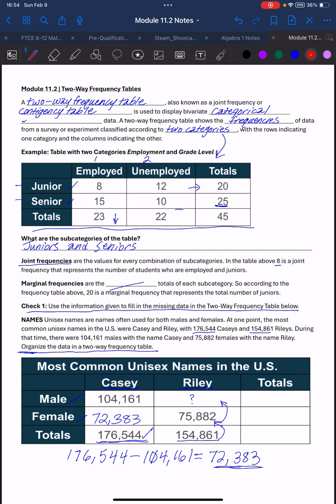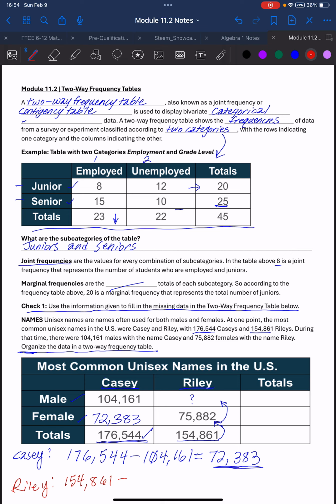So now we're solving for Riley. So this is Casey. And now, just to stay organized, we're going to do Riley, and I'm using a separate color. All right, so now we're going to take the total, 154,861. And we're given the amount of females.